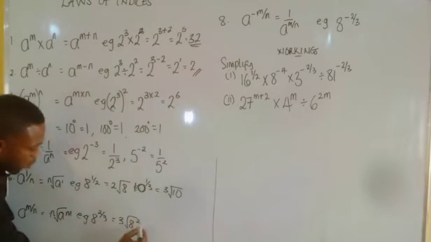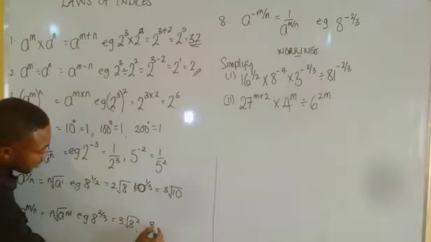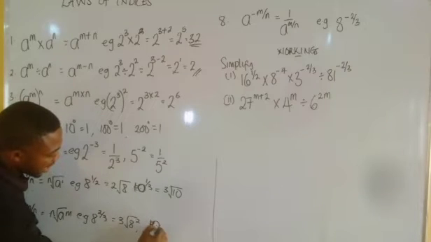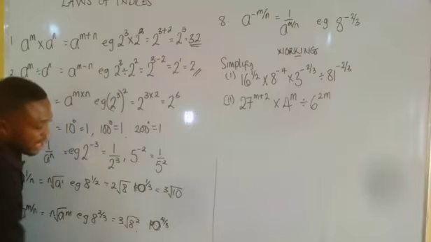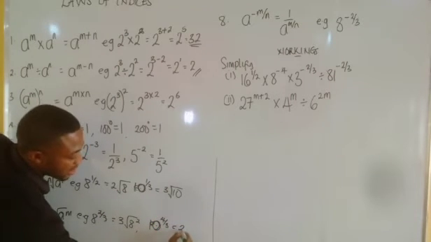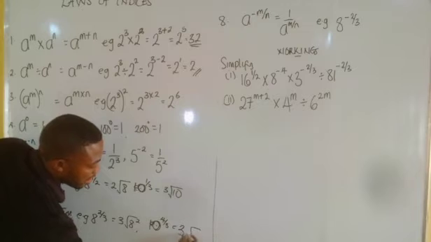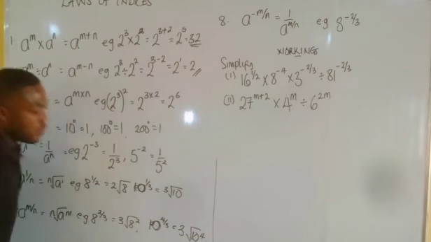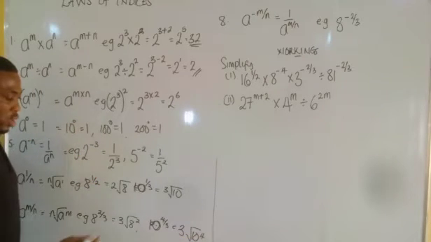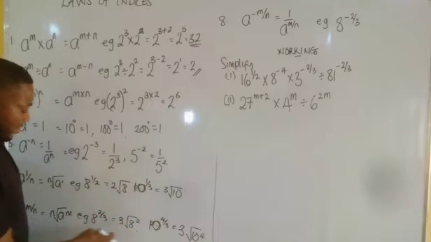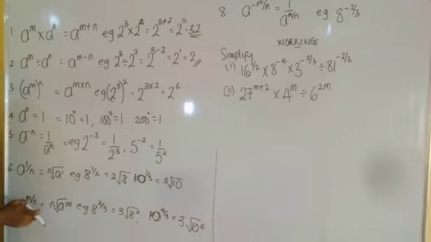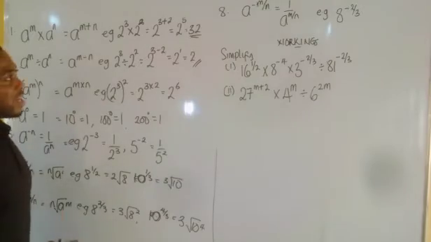The same way, 10^(4/3) becomes the cube root of 10^4. Whenever the numerator of the index is non-1, it becomes the power, to the root of the denominator of the index. So that's the seventh rule.